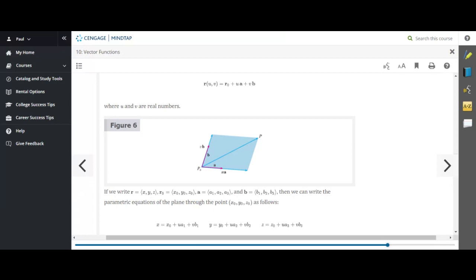So here's what they're doing. Maybe I can give you a little more guidance on this. On the whiteboard here, here's a plane, and here's the origin.